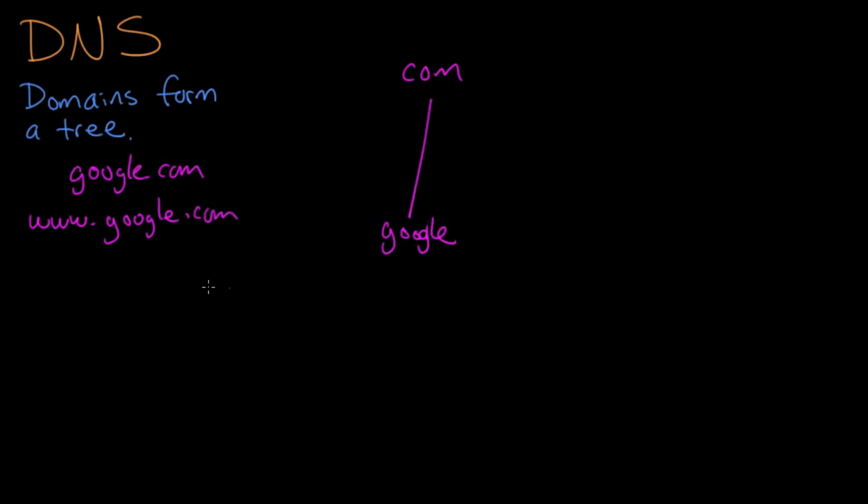And that just simply, the www part just goes right down here below Google. And we'll do some more, like www.yahoo.com. So Yahoo goes right down below com. And then www down below that.